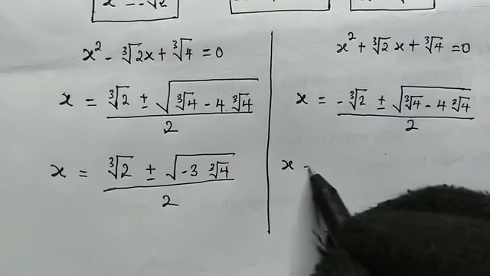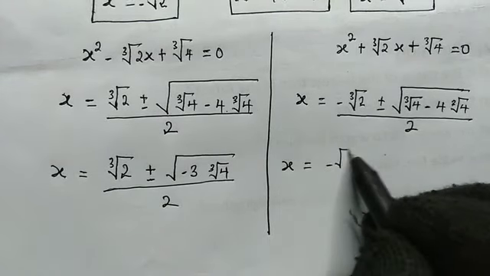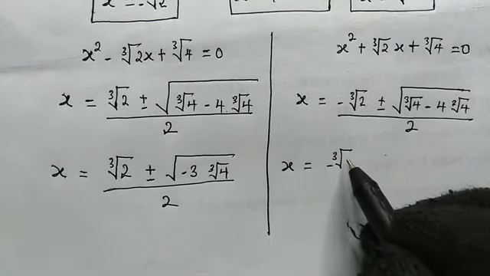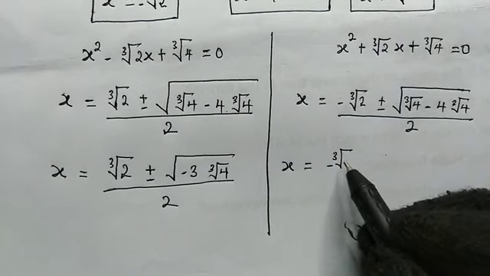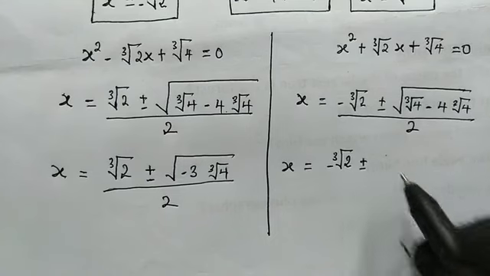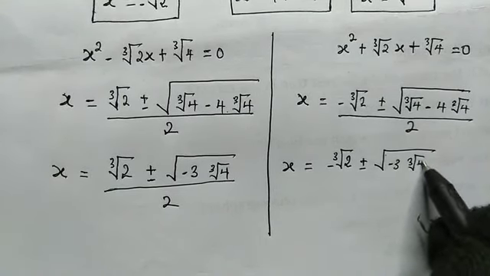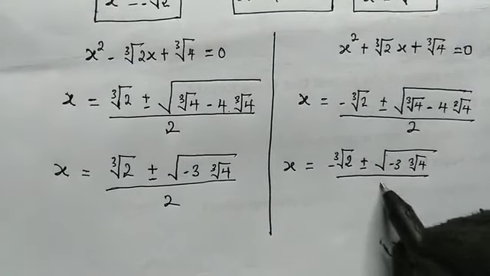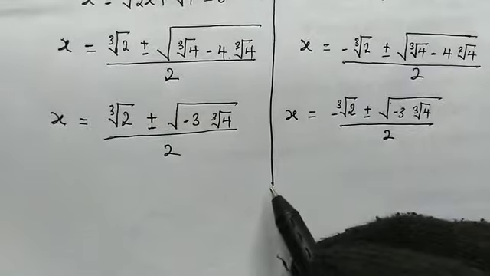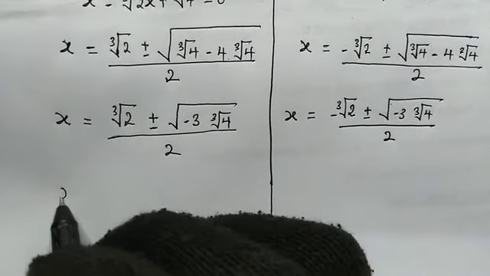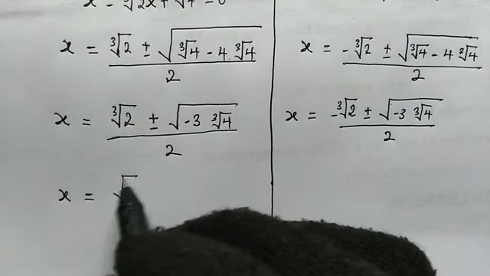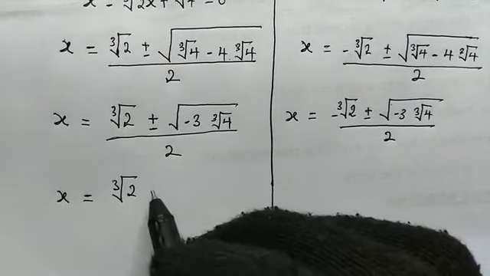And here, this will be equal to negative cube root of 2 plus or minus square root of negative 3 cube root of 4, then divided by 2.